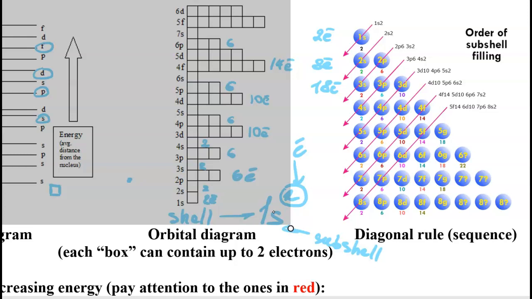The first one shows us that the first electrons go on the first shell, on the first level, right?